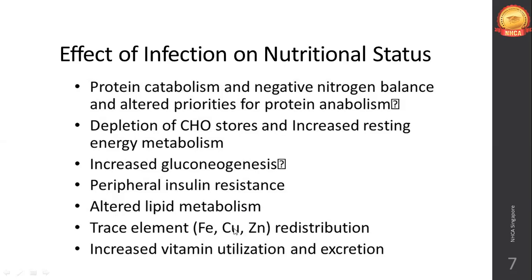So this redistribution from the intestine back into the tissues will make sure that your intestine is deficient of these minerals, and it will lead to malabsorption of other nutrients.